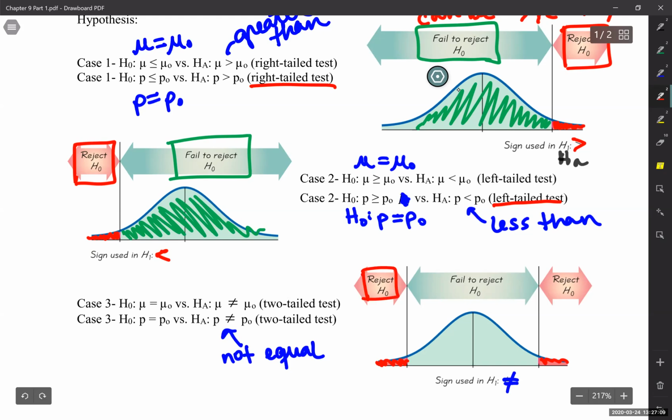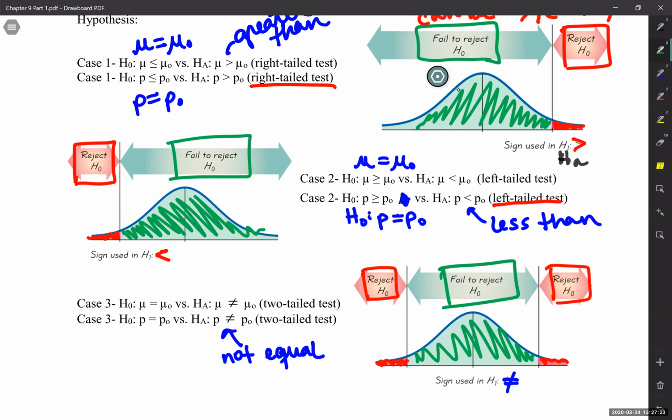So I have 2 reject regions, one on each side, and then anything equal or in the middle would be fail to reject the null. Again, we'll get a lot more into what fail to reject means, what reject means. Right now, I just want you to focus on the notation, the symbols, and what test we are using. So this one, because it's on the right and the left, we call it a 2-tailed test.